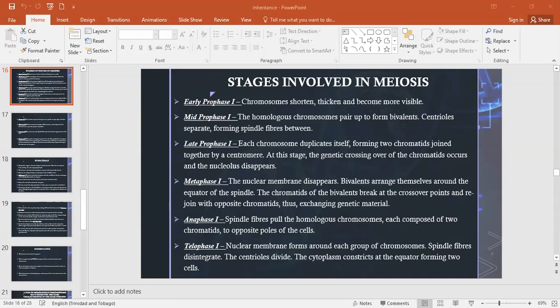Because when the chromosomes duplicate, because you're starting off with 46, that's why you get 92, and then they split apart at the end of telophase 1. When they split apart, you will get 46, and then at the end of telophase 2 is when you will get 23. So that is actually the number differences that occurs.